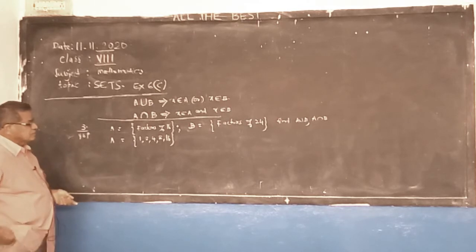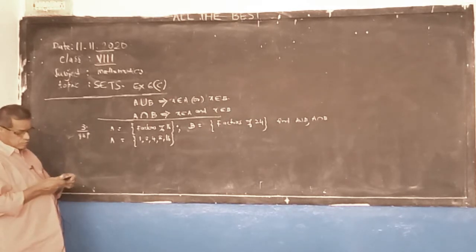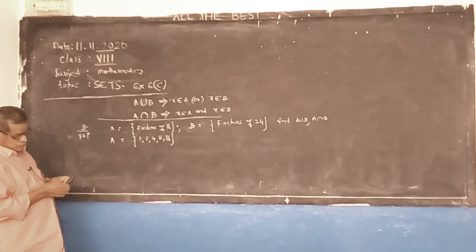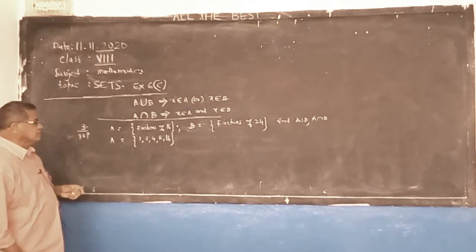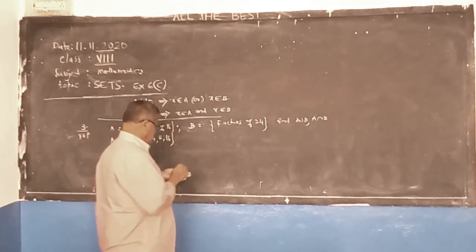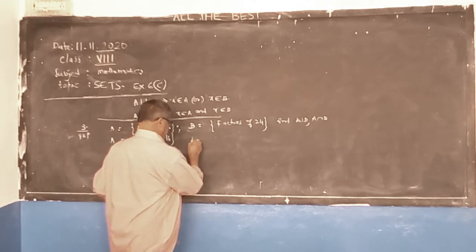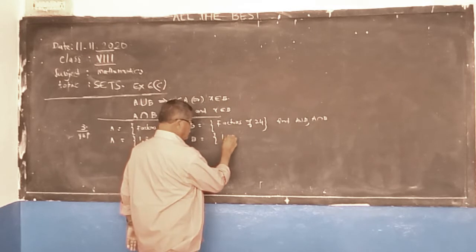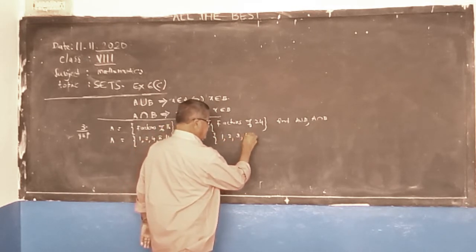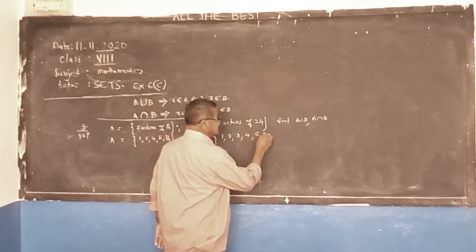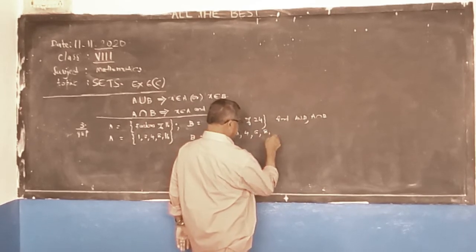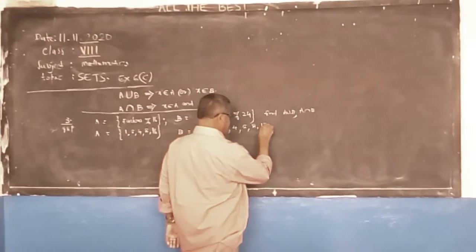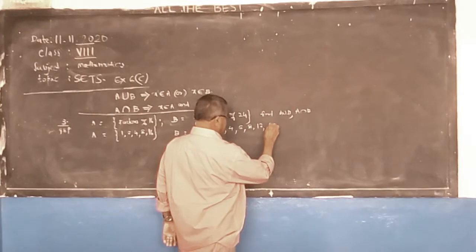Next, factors of 24. Set B, write all factors of 24: 1, 2, 3, 4, 6, 8, 12 and 24.